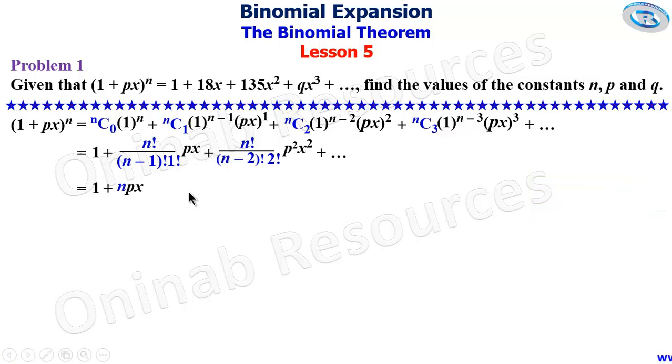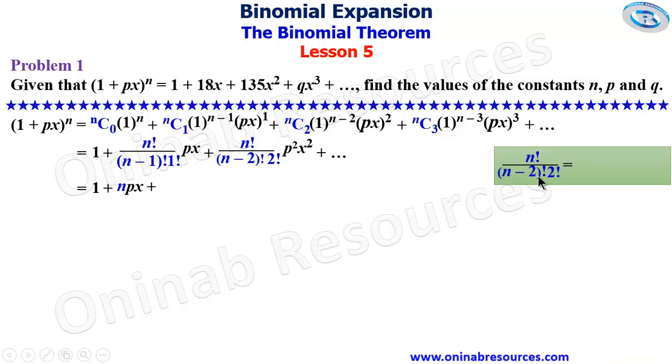Then this is plus, we expand this one also, which is giving us n factorial over (n minus 2) factorial into 2 factorial. And we are going to expand this one up till (n minus 2) factorial. So we have n into (n minus 1), then (n minus 2) factorial over 2 factorial, then times (n minus 2) factorial, since 2 factorial is 2. (n minus 2) factorial will cancel (n minus 2) factorial.